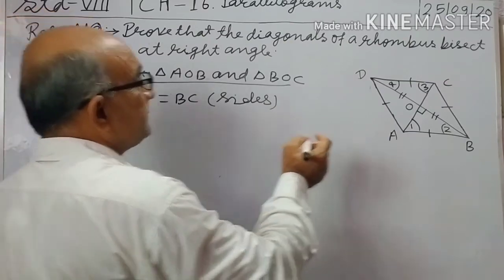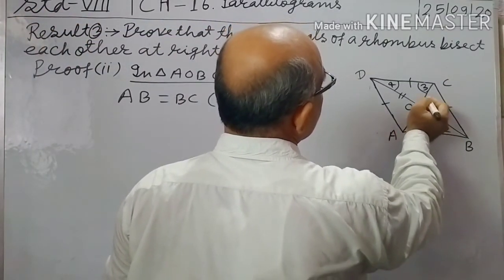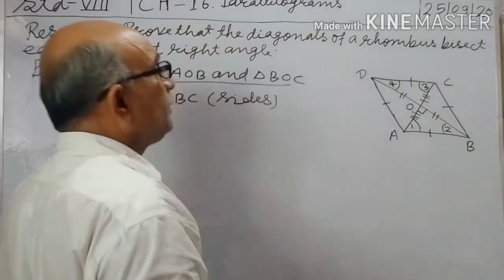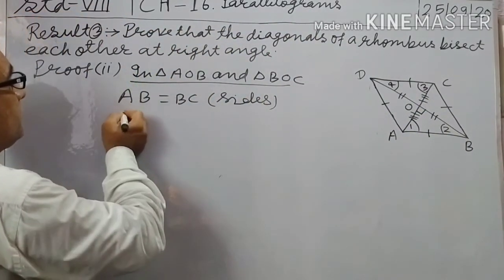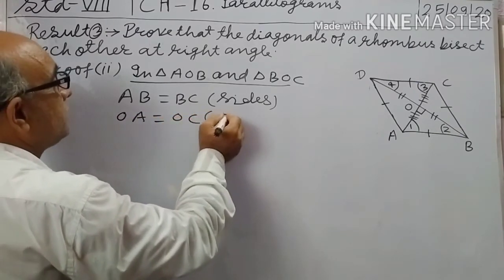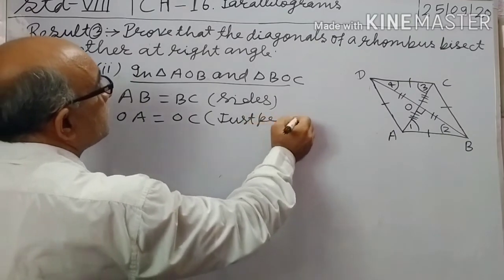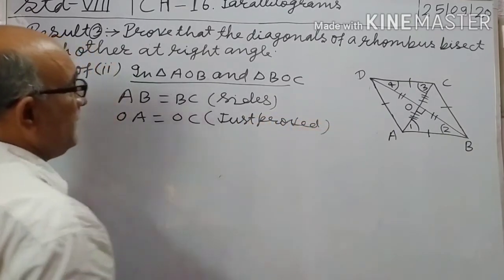And OA equal to OC, just proved, diagonals bisect each other.